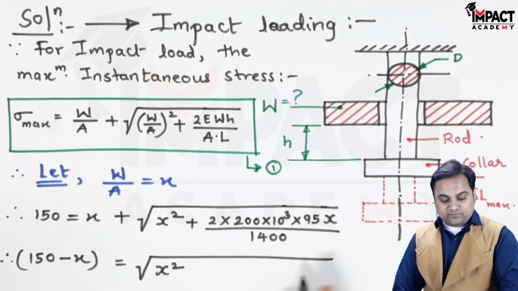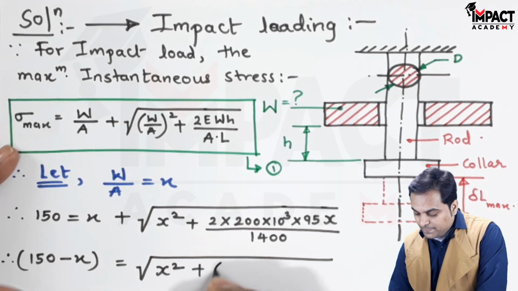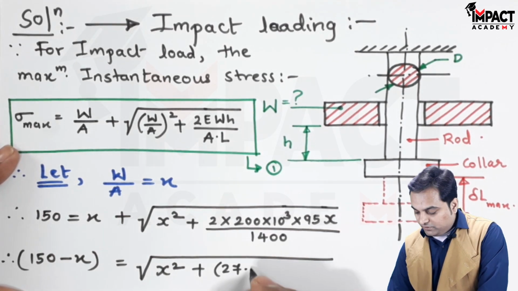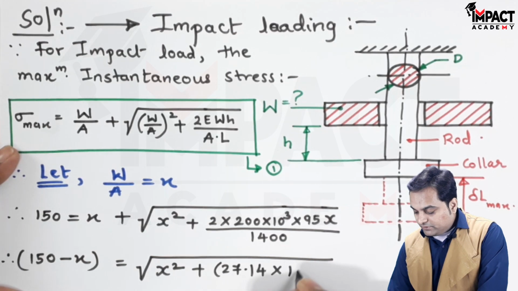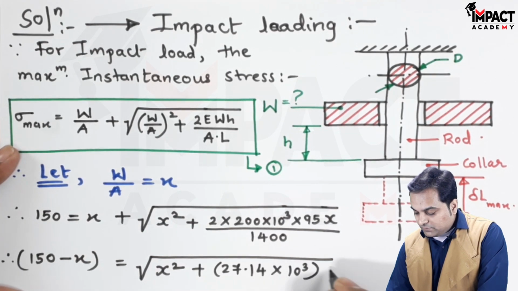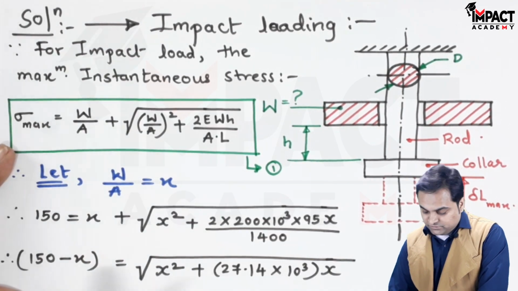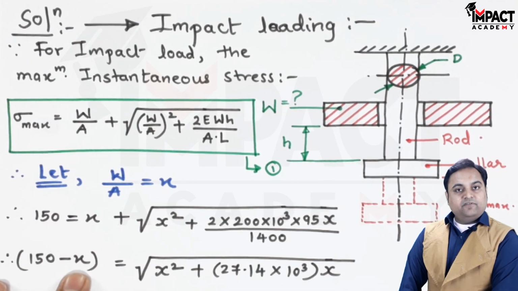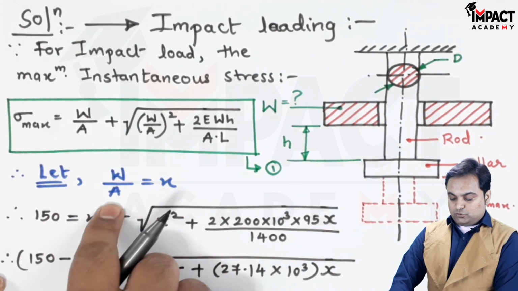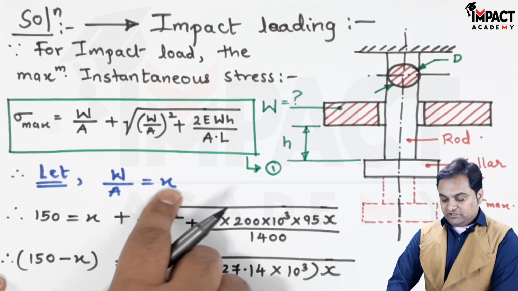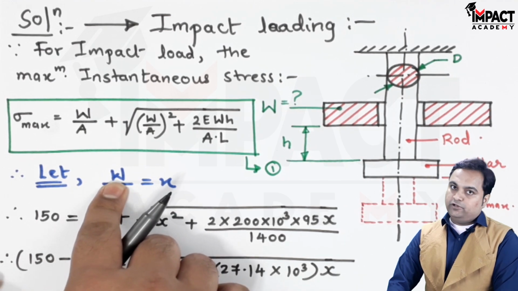This coefficient comes out to be 27.14 into 10 raised to 3. That is the coefficient of X. Now in order to find the value of X, because once X is known, area is known to us, we can multiply both of them and get the value of the unknown load.